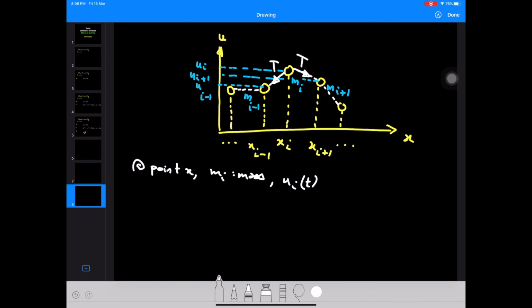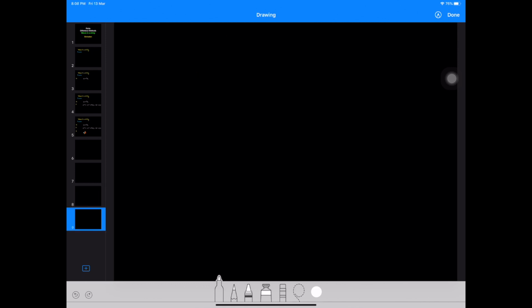It is constant and it is large. Good. We will use Newton's second law of motion. We'll use the sum of the forces is equal to the mass times acceleration to derive the partial differential equation that governs the vertical movements of those point masses, okay?